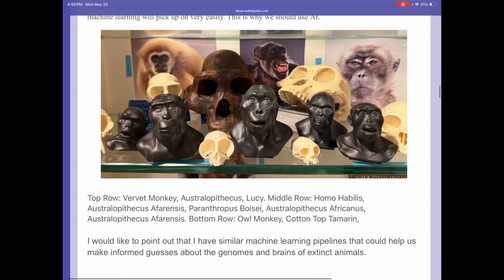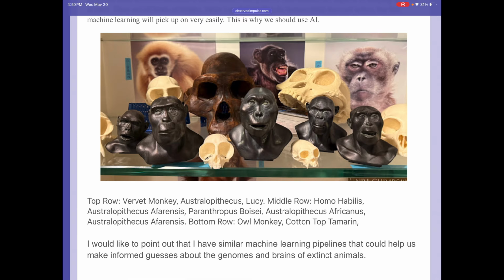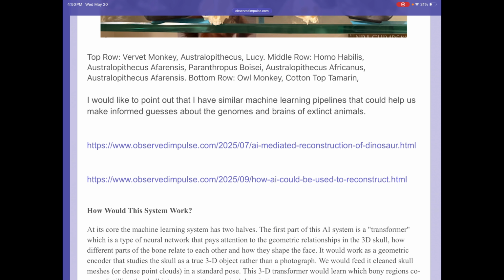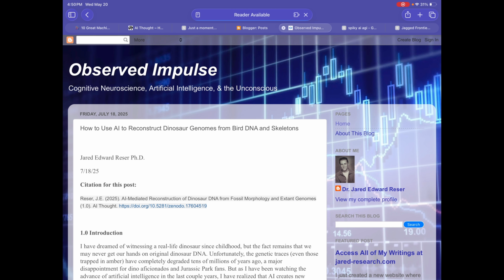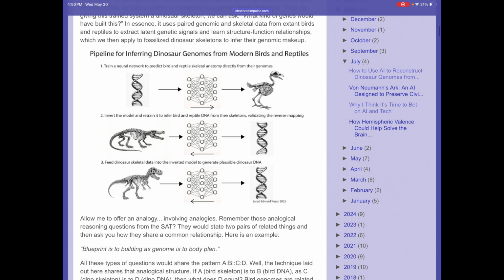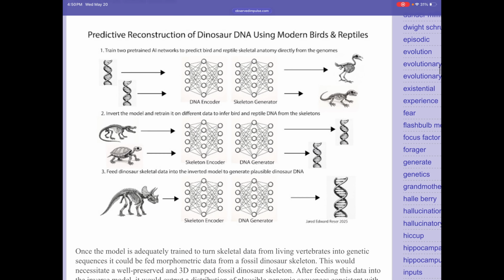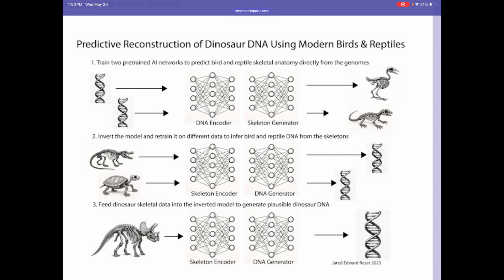So I'd like to point out that I have a similar machine learning pipeline that could help us make more informed guesses about the genomes and brains of extinct animals. So just to show you really quick, this is another similar pipeline that would make predictions about genomes.